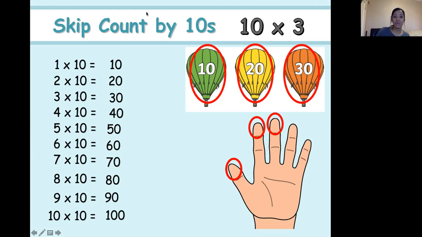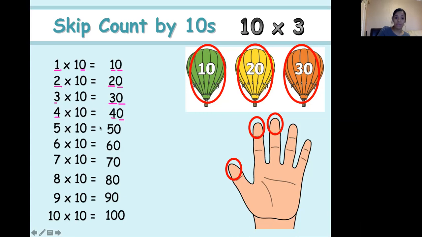The pattern here that you can see is that it's basically 1, 2, 3, 4, 5, 6, 7, 8, 9, 10 with just a 0 on the end, okay? So one thing that we can remember when we're doing our 10 times table is that the answer is going to be this number with a 0, always, okay? So if you see here, the 2 times 10 is the 2 with the 0. The 3 times 10 is going to be the 3 with the 0, and it goes on to every one of them.